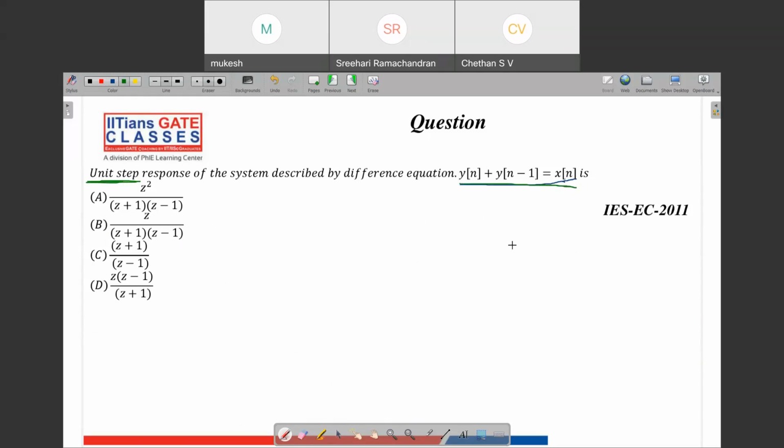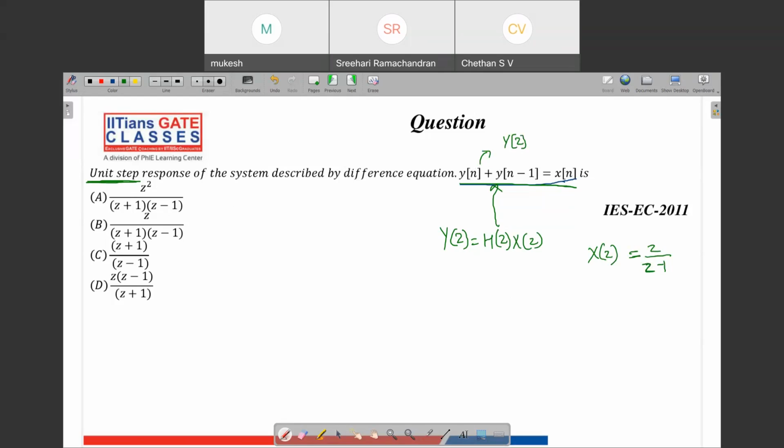First, we know that the output Y of z is given as H of z times X of z. H of z we can find with this difference equation, and the input is a unit step, which means X of z is z upon z minus 1. This we already know. Now H of z you can calculate. Take the system equation and take the z transform on both sides.